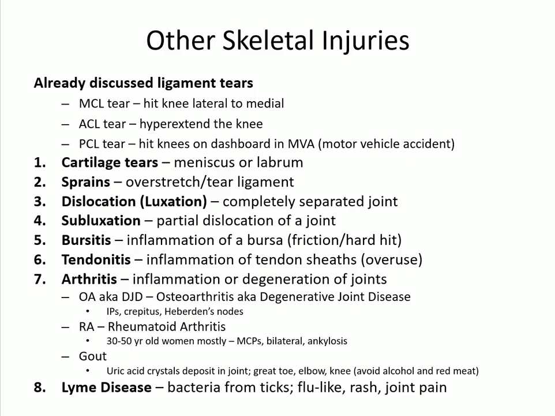But other skeletal injuries. So we've had fractures, etc., etc. You remember we talked about how it's better to break a bone than to tear cartilage? Well, that's because cartilage is avascular. There's no vasculature. So it can take a really, really long time to heal, if ever. And when we say that, we're including ligament in there, right?